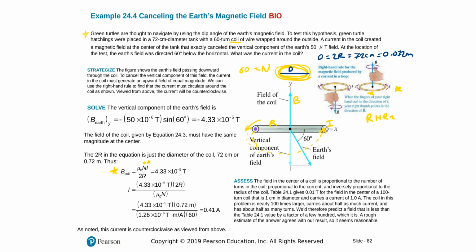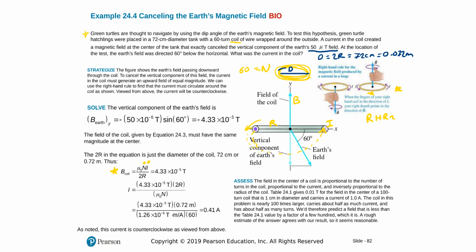0.072 meters. Wrapped around outside, a current in the coil created a magnetic field at the center of the tank that exactly canceled the vertical component of the Earth's 50 microtesla field. What does that mean?